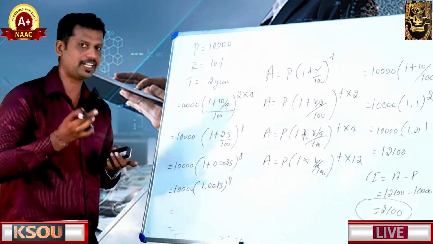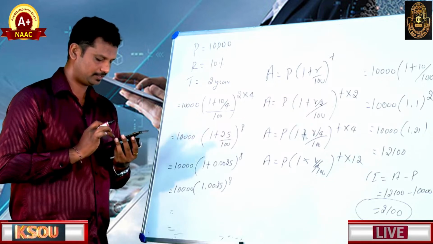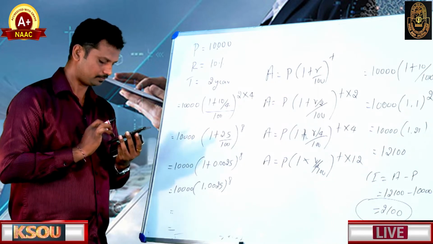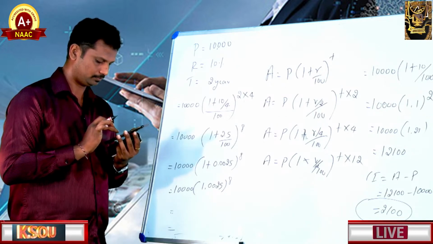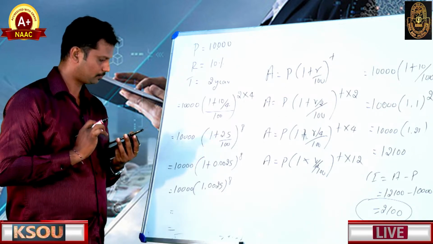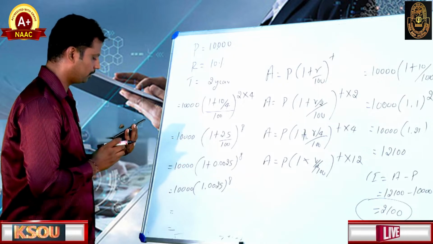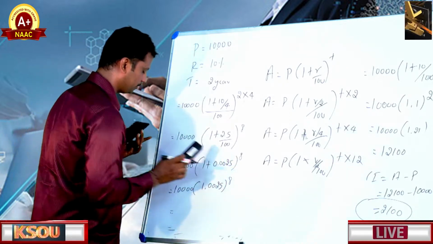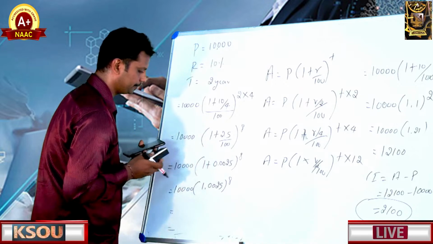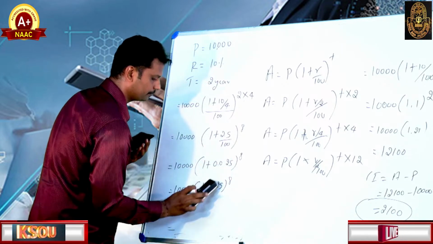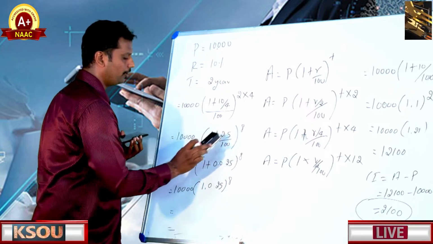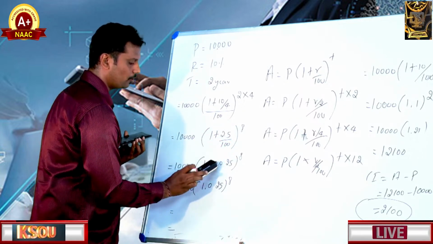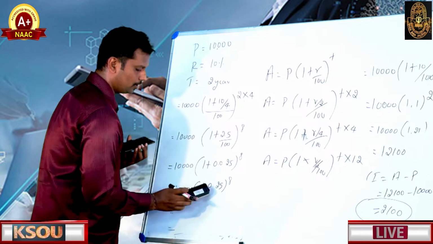So use your calculator. Sorry, 2.5 divided by 100, the value is 0.025.